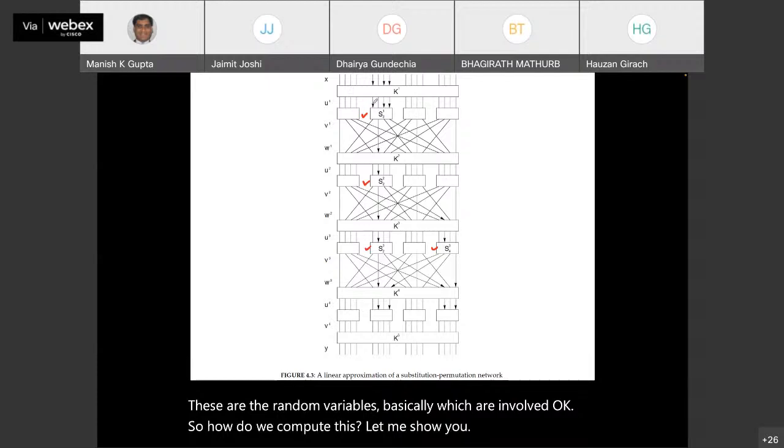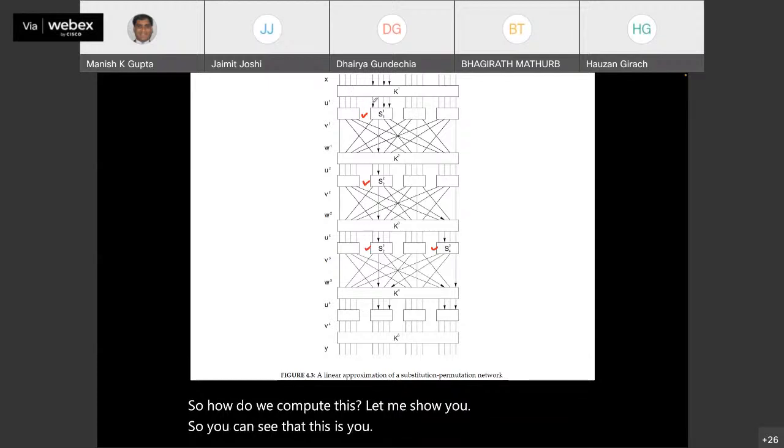You can see that this is U51. Okay, round 1, U51. This variable is U51. This is 1, 2, 3, 4, 5, 6, 7, 8, 9, 10, 11, 12, 13, 14, 15, 16.